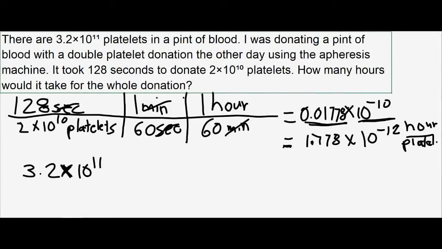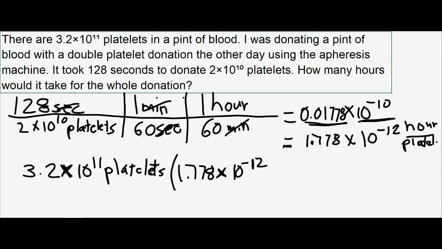Times 10 to the 11th platelets. And I'm going to multiply by 1.778 times 10 to the negative 12 hours per platelet.